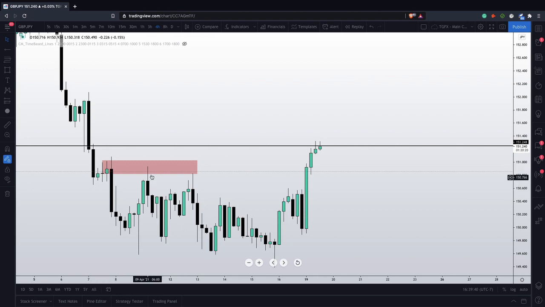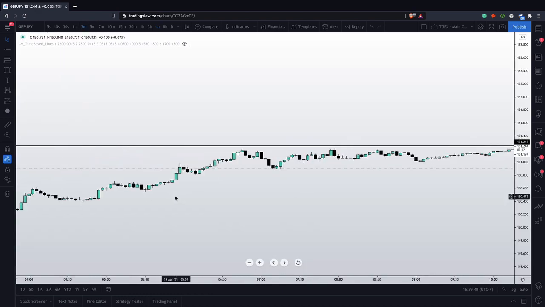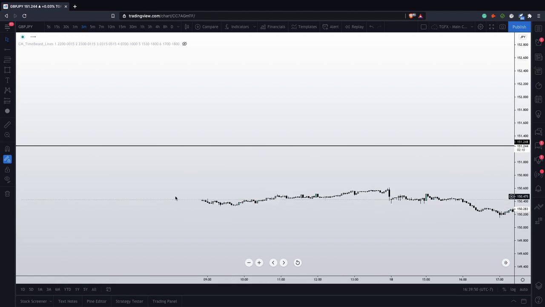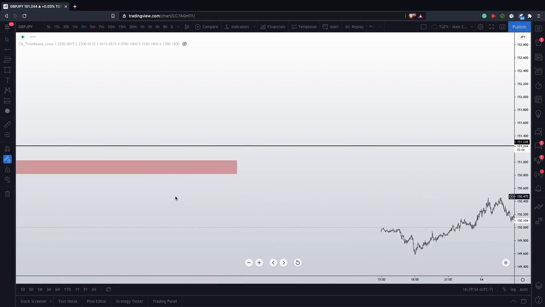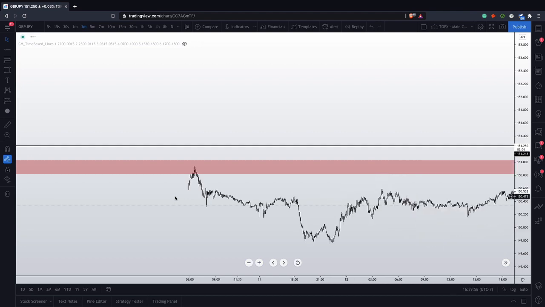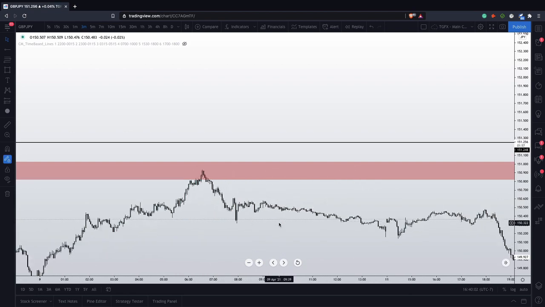So what we're going to do now is drop down to like the 3-minute time frame and find our entry points that we could have taken this trade. All right, so it's not different than what we're already doing.